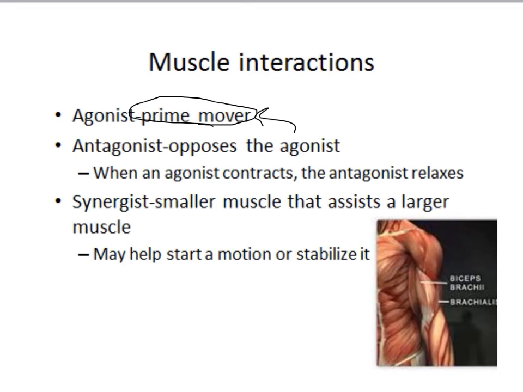An example would be the brachialis muscle assisting the biceps brachii. When they're synergistic, they work together. So a synergist is a small muscle that would help an agonist, although the more proper term would be helping the prime mover.